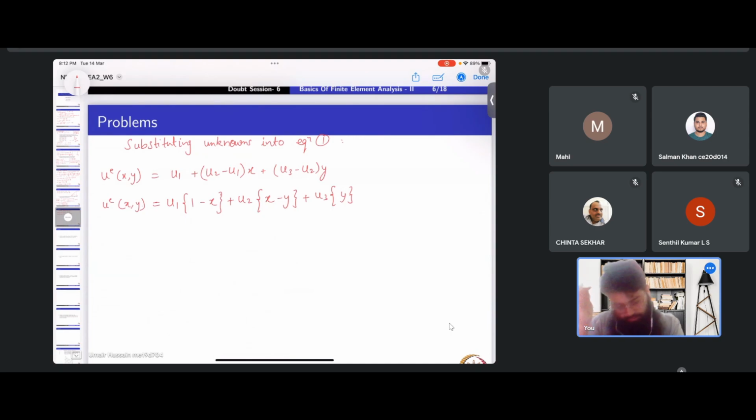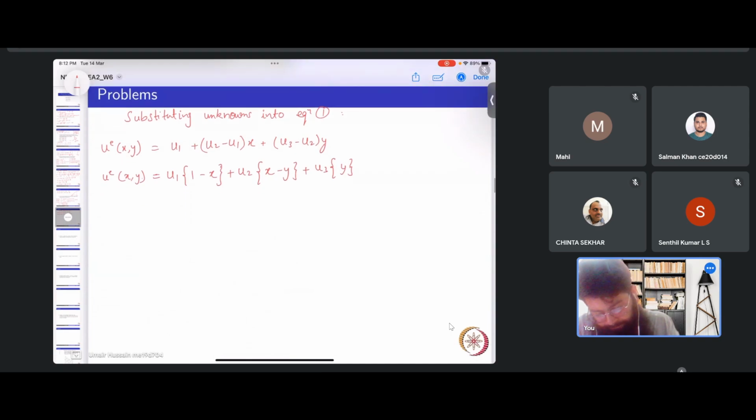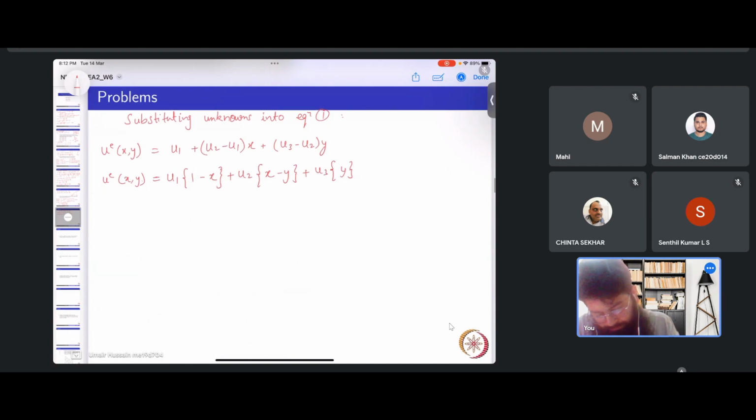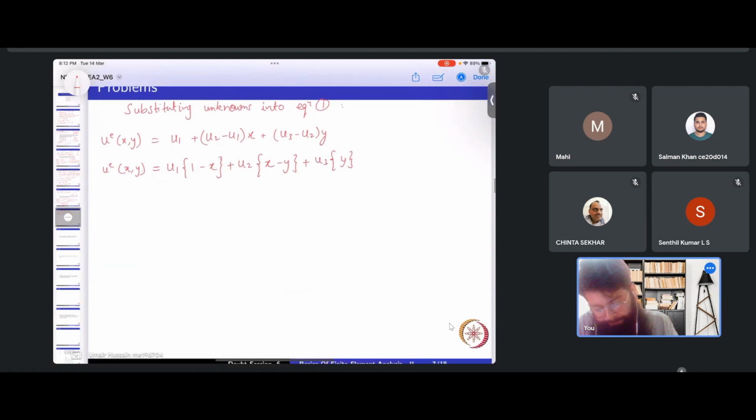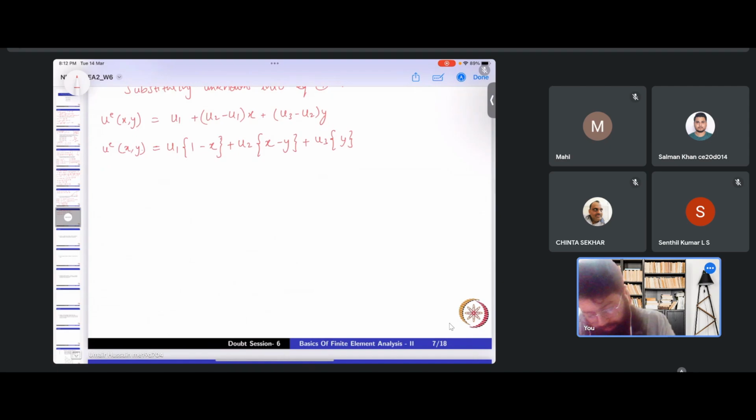Alright, so if we write equation 2, we have ue equals u1 psi 1 plus u2 psi 2 plus u3 psi 3.